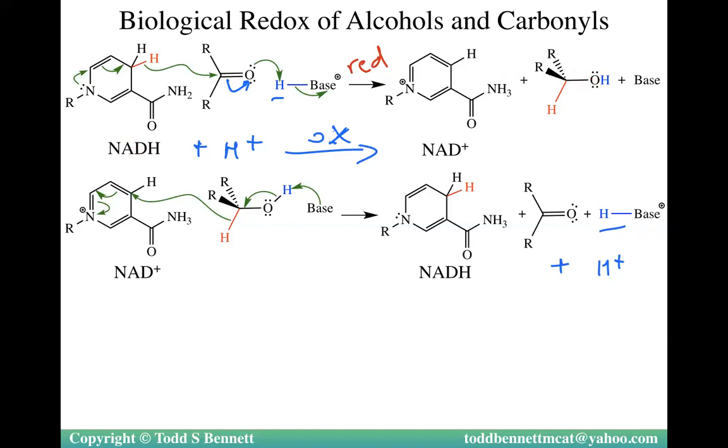In this case here, this is oxidation of NAD plus. Actually, again, I take it back. So this is oxidation of the molecule itself, but it's through NADH that's actually getting reduced this time.